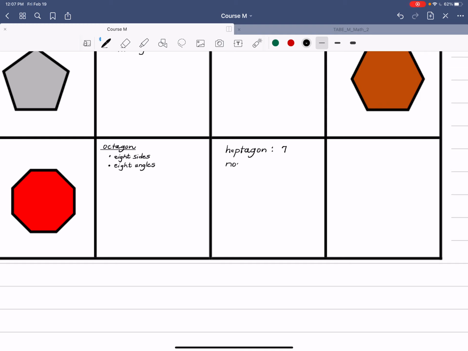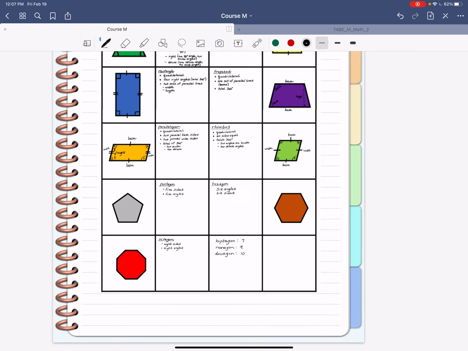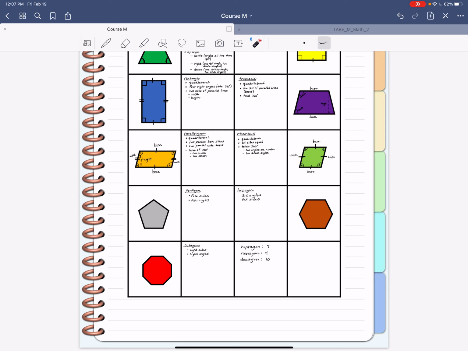A nonagon, nona is 9 sides and angles. And a decagon is 10. And they carry on from here. But I just wanted to give you the first 10 of them, because those are the ones that you're going to encounter most often. These you will not see very often, so I didn't draw them. I was running out of room.